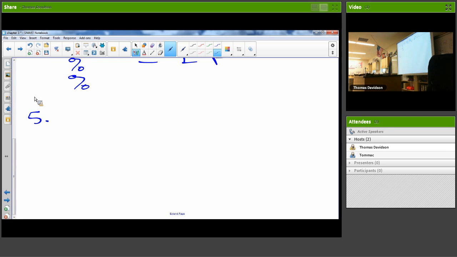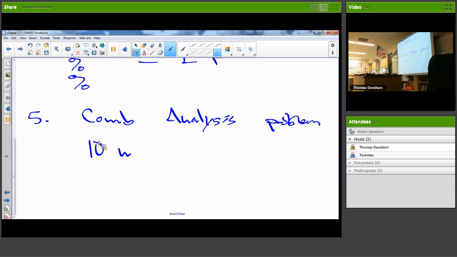Next, you have a combustion analysis problem. This one will take you about 10 minutes. Well, some of you will take 3 minutes, some of you will take 15. Let's just call it an average of 10.